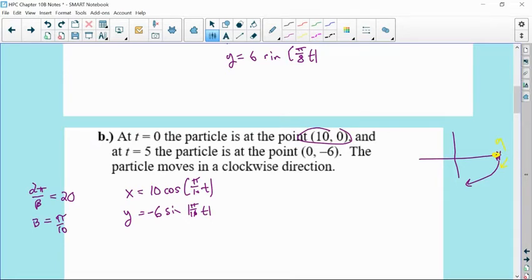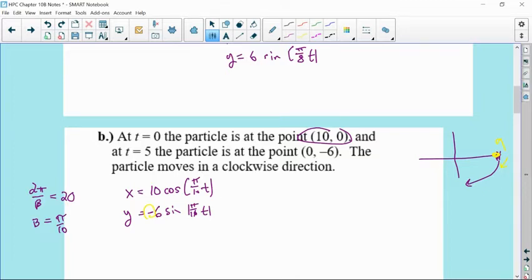Clockwise or counterclockwise. Well, going up or going down is associated with changing a y value. If I go up initially, all those y values are positive. If I go down, all those y values are negative. So when they tell you the direction, go in a clockwise direction, that translates to make sure your y's begin negative. And that's exactly why I need to make sure that's a -6 there.